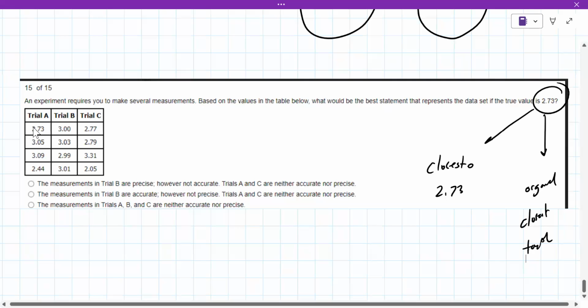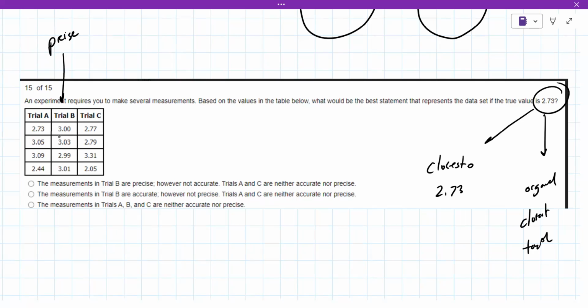Like trial A, it's 2.73. That's kind of okay, but then you get further away. Trial B is really close together. All these numbers are really close together, but they're not close to the 2.73. So it looks like trial B is precise, but not accurate. It's not close to the intended value.